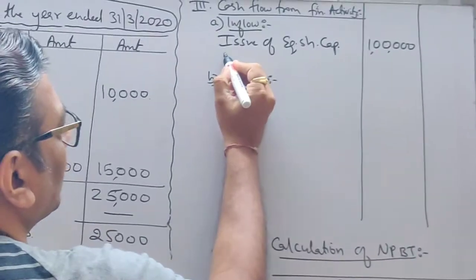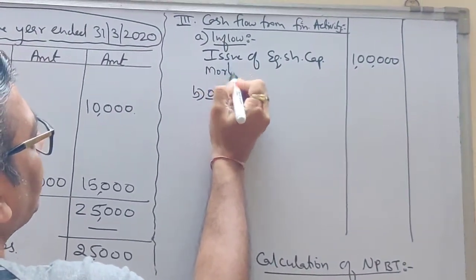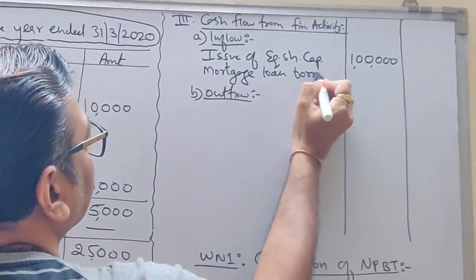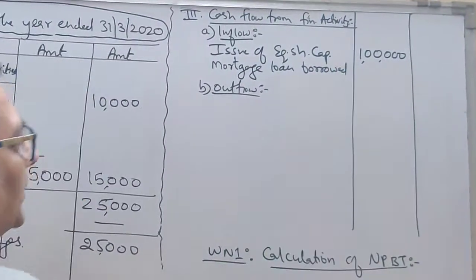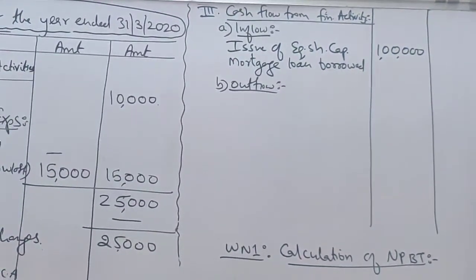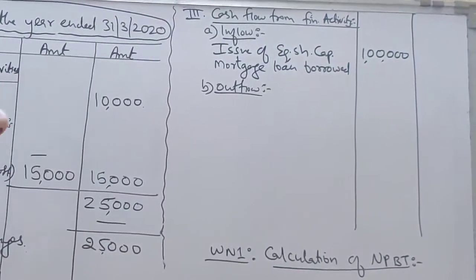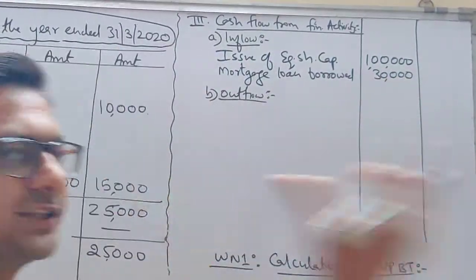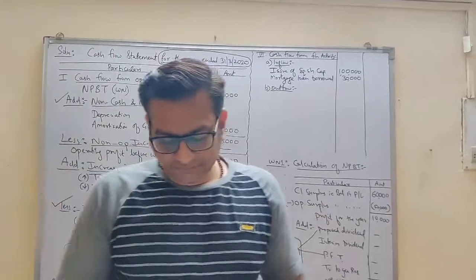So write in inflow, mortgage loan borrowed. You have to take the difference of the balances. So mortgage loan balance is 1 lakh 30 minus 1 lakh. So you have taken an additional loan of 30,000.